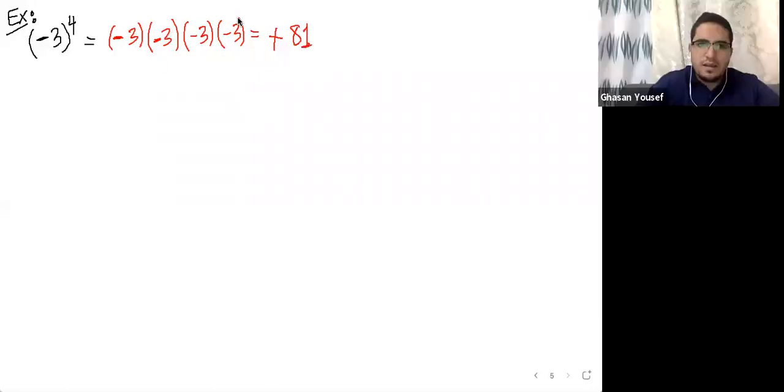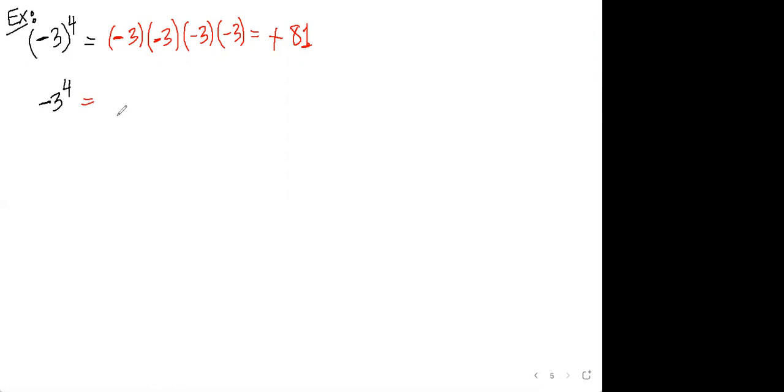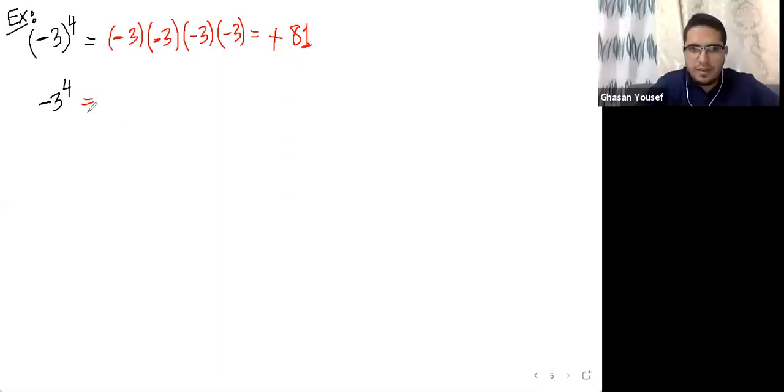For the second example, if we have minus 3 to the power 4 without parentheses, what does that equal? Who will do this one? Is it the same, or is it 3 times 3 times 3 times 3?